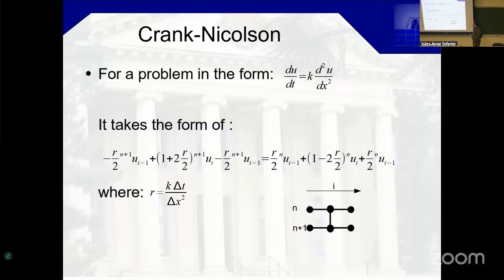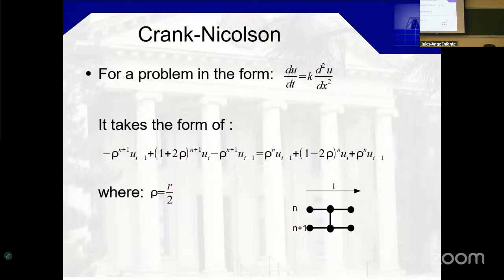in our expressions. So because that's a little bit cumbersome to use, we're going to define a new variable called rho. And rho will just be R/2, basically. And if we define a variable called rho, we get very similar matrices. Okay, except that instead of R, we're dealing with rho.